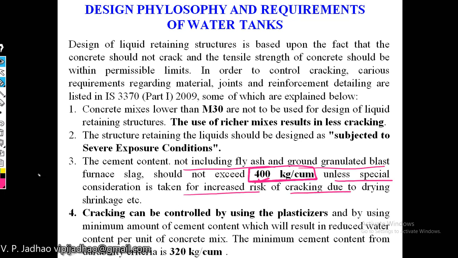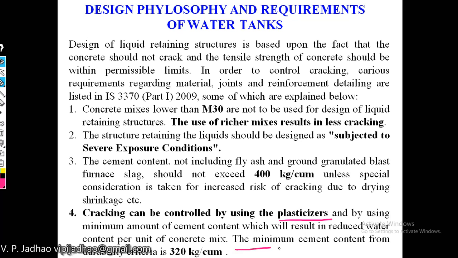The fourth recommendation for water tanks is that cracking can be controlled by using plasticizer, because it results in reduction in the water content, and ultimately leads to less cracking.